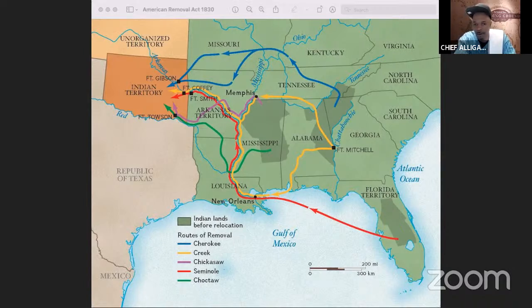So all these different arrows that you're seeing of the Cherokee, Creek, Chickasaw, Seminole, and Choctaw, you have to understand those tribes are originally from east of the Mississippi River. Everybody in Oklahoma right now that's claiming those tribes, they're not the original people.